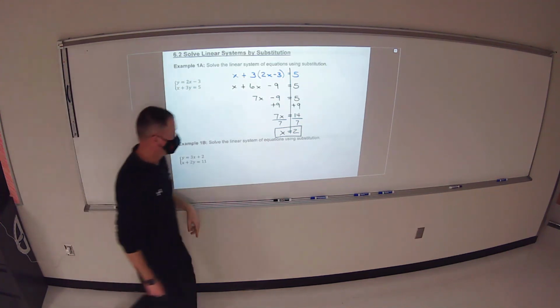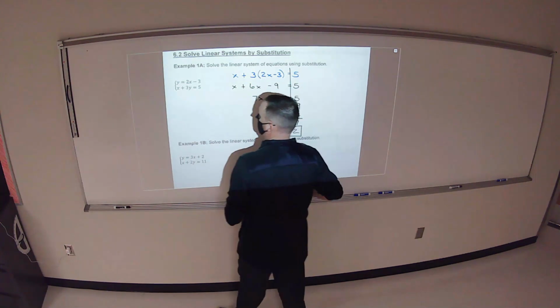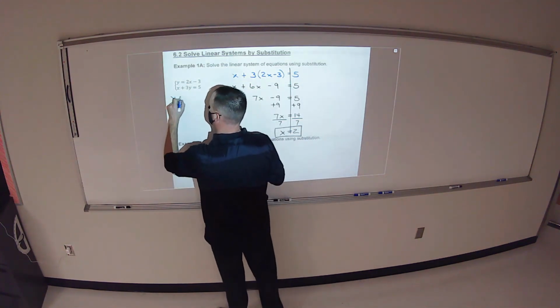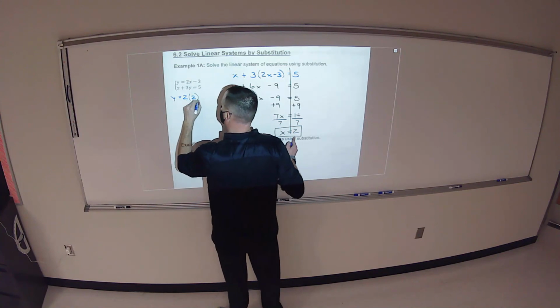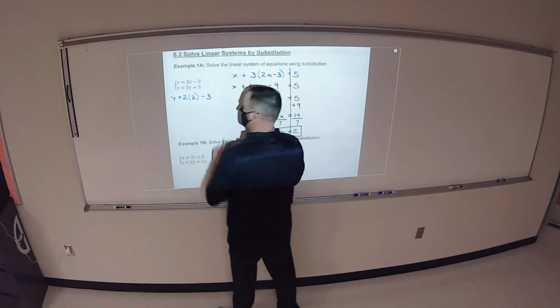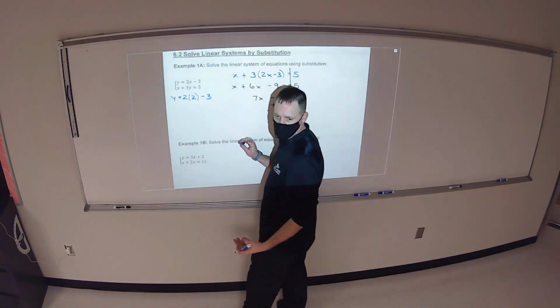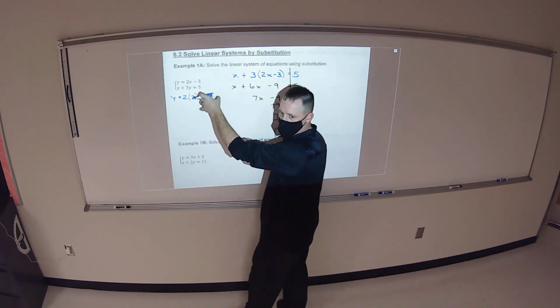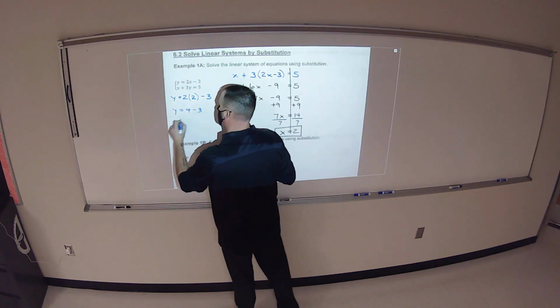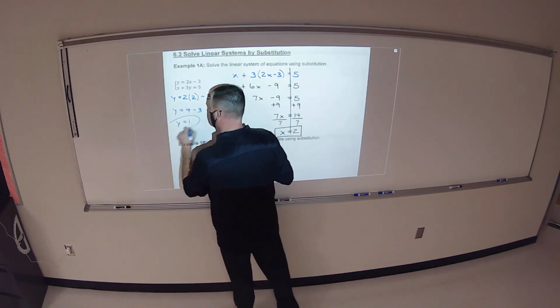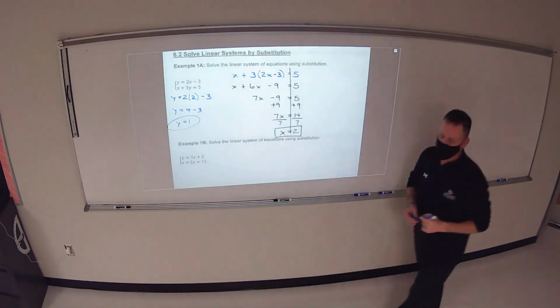So if we do that, this now is going to say y equals 2 times our x value, which is 2, minus 3. And here's why I like this, because now I just have to evaluate over here. 2 times 2 is 4, and 4 minus 3 is 1. That's the second half of my answer.